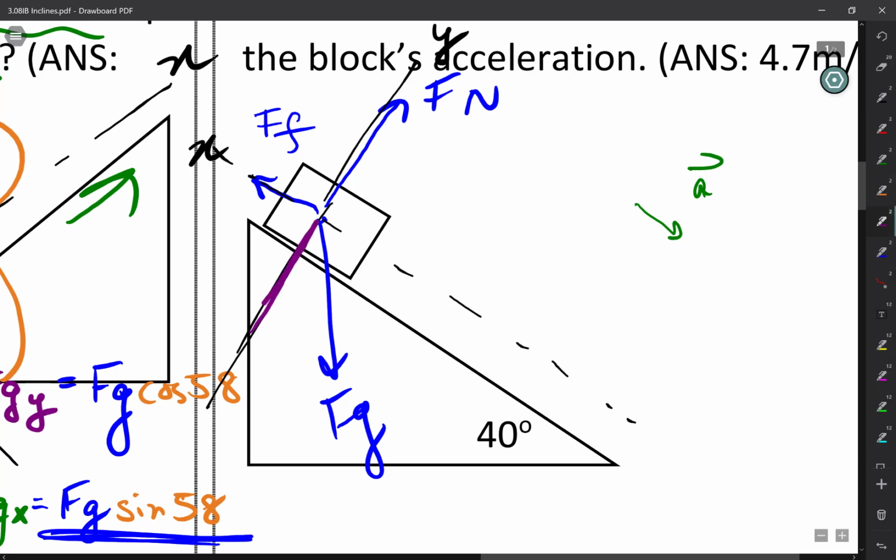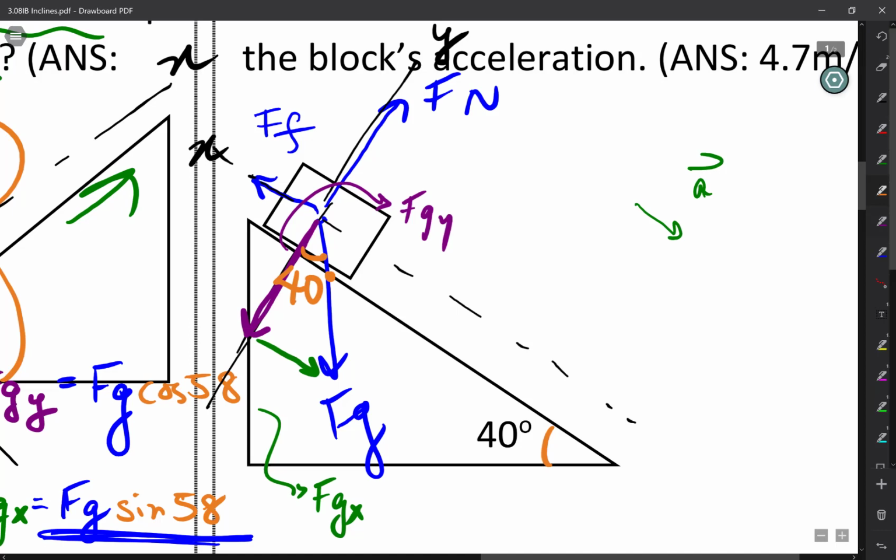So we have one component of the force due to gravity, which I'm going to write over here as FGY. And then I have this component over here, which I will write as FGX. I have the angle of my incline, which is 40 degrees, which is the same angle over here based off of geometric analysis.